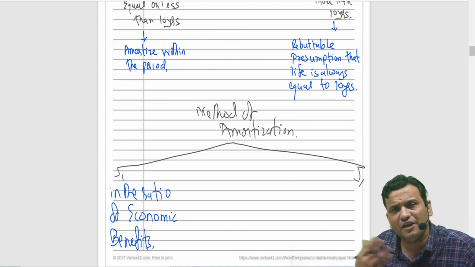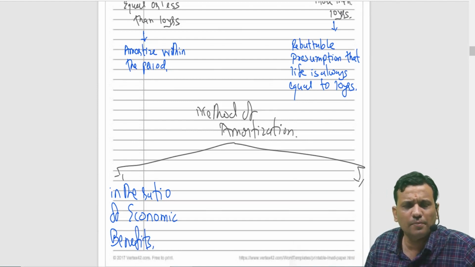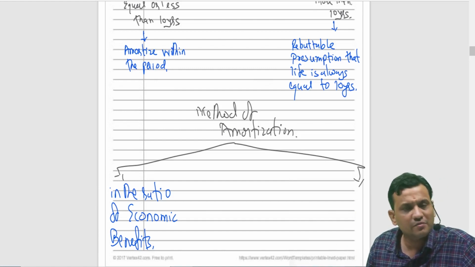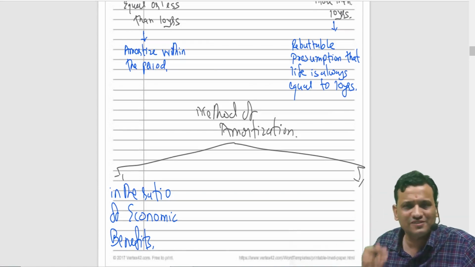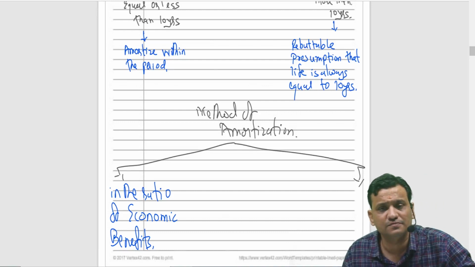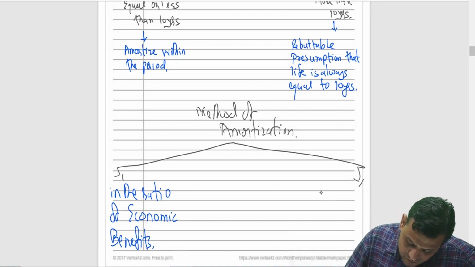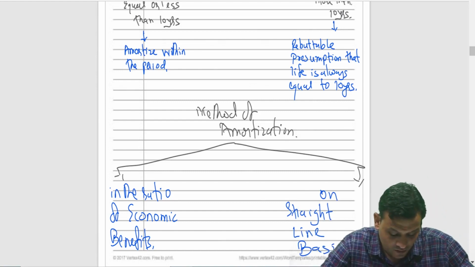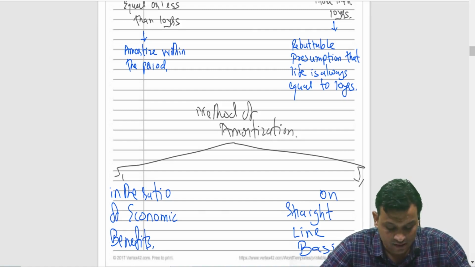But if economic benefits cannot be identified, like I took up computer software, you cannot demonstrate or identify what will be the ratio of benefits. Ratio of economic benefits is nothing but the ratio of cash flows or ratio of sales or units, something like that. But if that is not possible, then the method of amortization will be straight line basis. Clear, my friends?